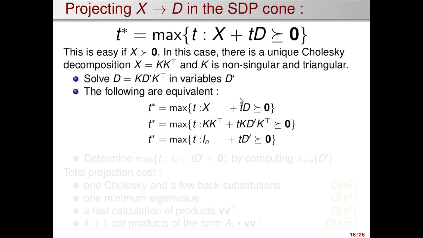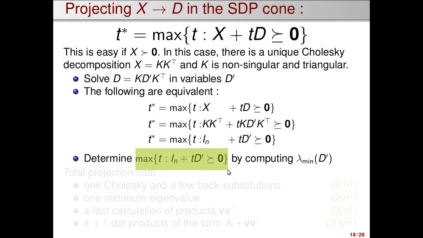So I will obtain that these two guys are completely equivalent thanks to a rewriting, and these are equivalent because the SDP status of a matrix does not change if I multiply that matrix by K on the left and K transpose on the right. So the final idea reduces to solving this problem, where I have the identity here, and take a few minutes if you want, but this reduces to computing the minimum eigenvalue of D prime.